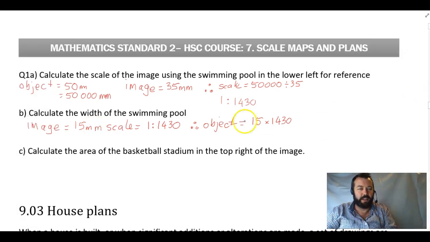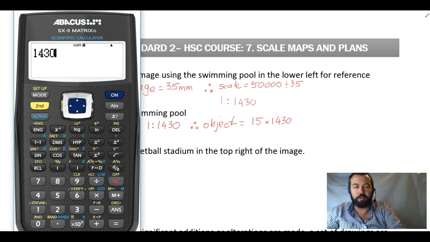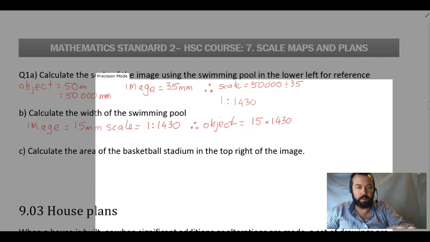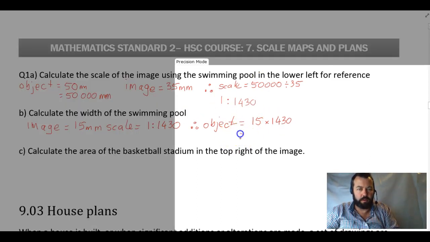Okay, there we go, and back to the calculator. 1,430 times 15 equals 21,450.